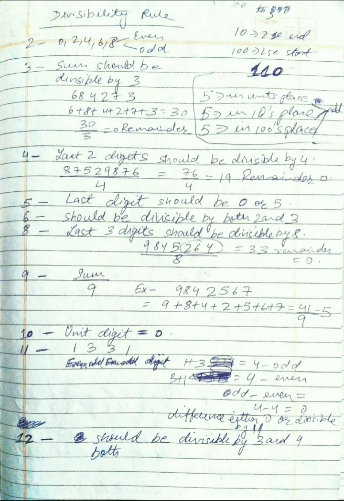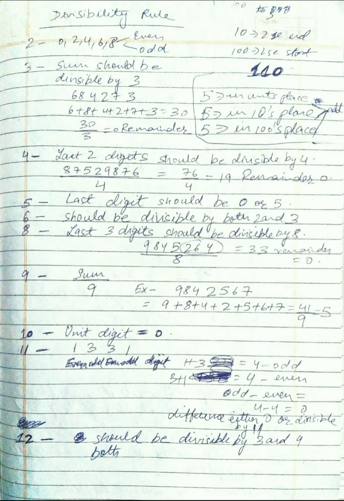Now what we have to do is find the sum of the odd place digits and the sum of the even place digits. The sum of odd place digits is 1 plus 3, which is 4, and the sum of even place digits is 3 plus 1, which is 4.